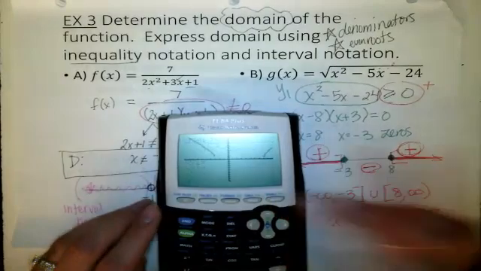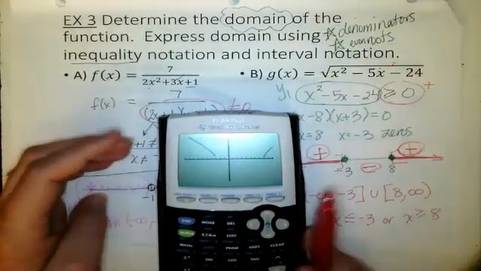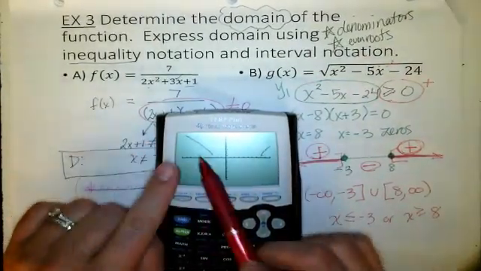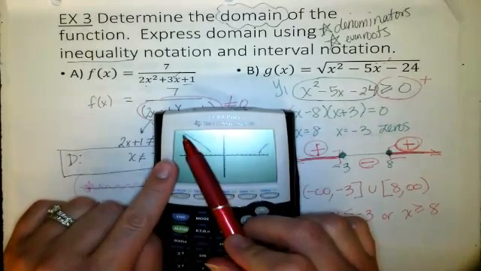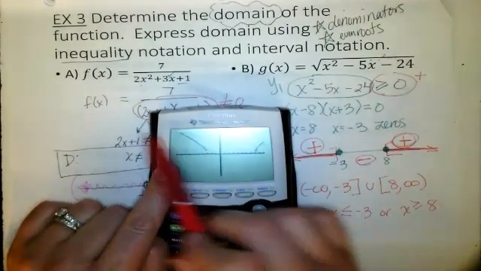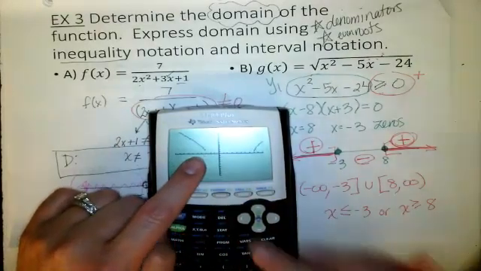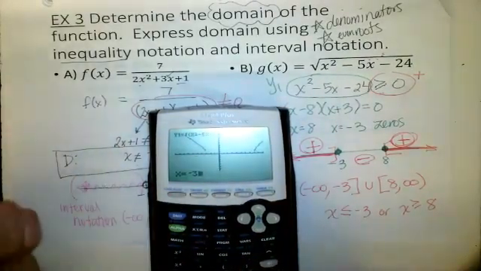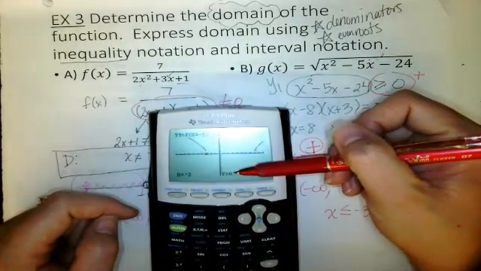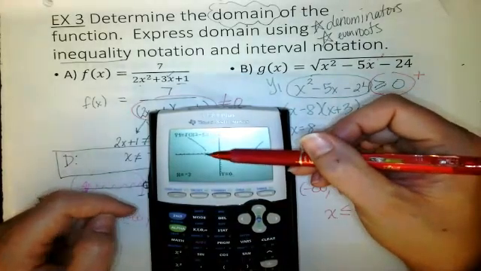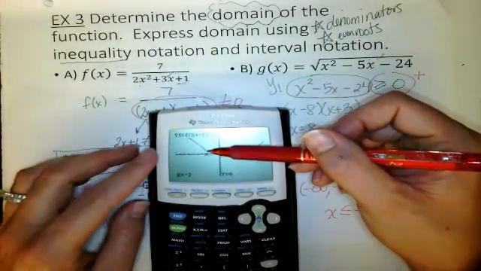All right, so when you look at this function, you'll notice how far left does this graph go? Yeah, it goes forever off to the left. And then it comes in here, and if you trace and type in -3, it is actually 0 there. Your calculator does not have a retina display.